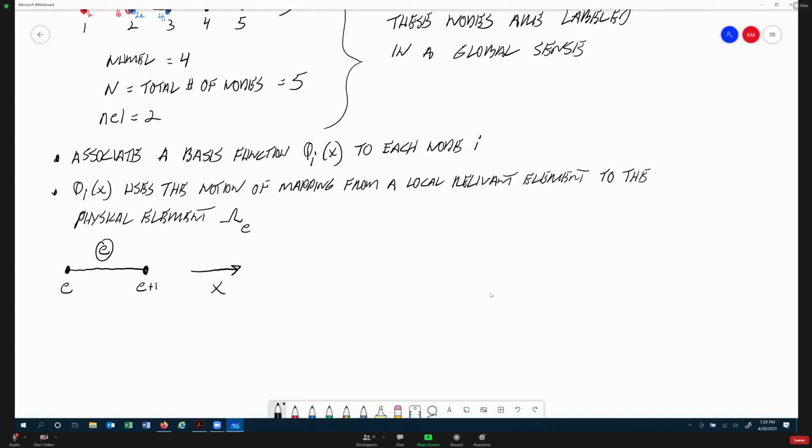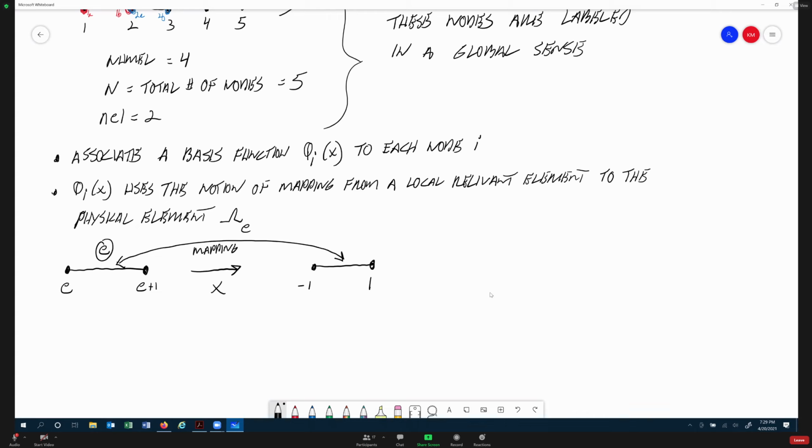And we're going to map it to this new domain that's represented from -1 to 1. And we need to come up with a way to map back and forth. Mapping can go both ways.